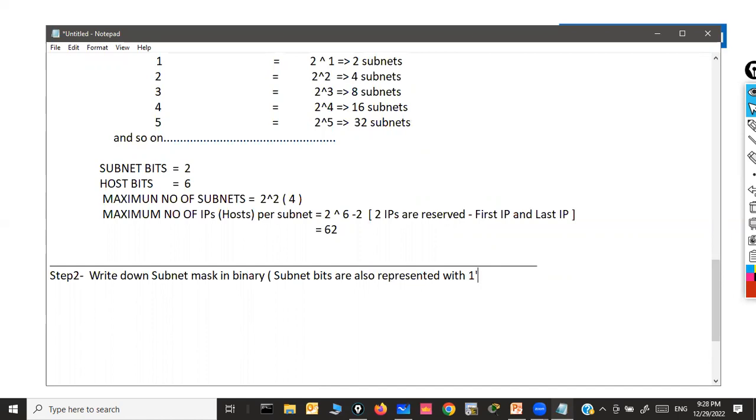Subnet bits and network bits both will be ones. So write down the subnet mask in binary.